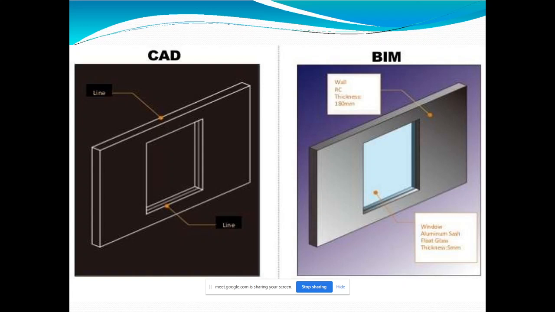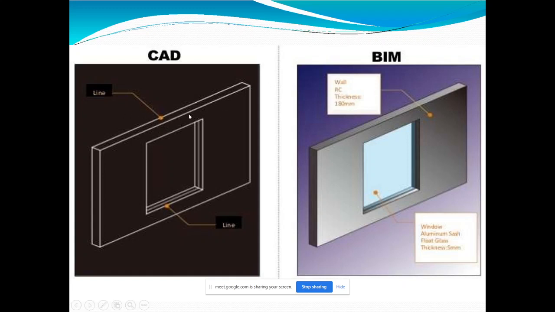You take this wall: what type of wall, ordinary wall or RCC wall. Then you calculate the thickness of the wall. Then you go to the door: what type of door material will be used, the size of the door. All the single elements will be calculated in BIM also. That is called BIM. Using Revit software, you easily calculate the wall thickness and all other things.